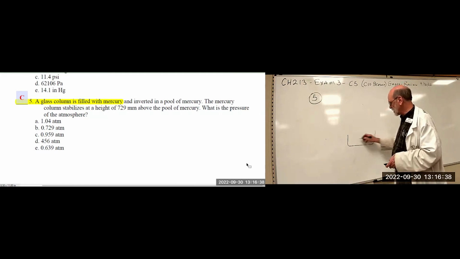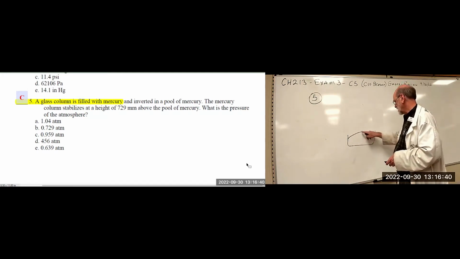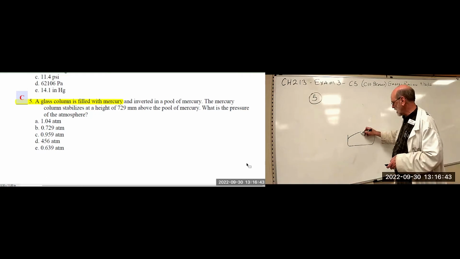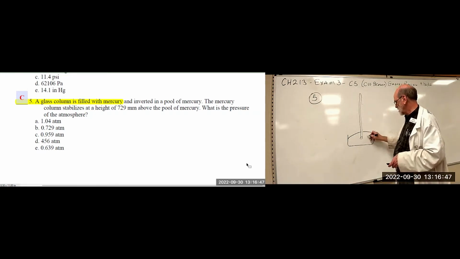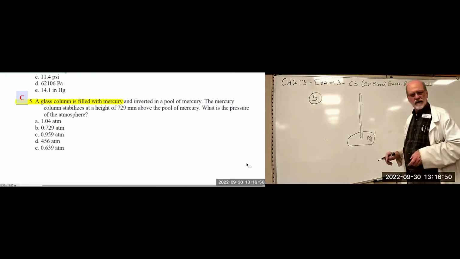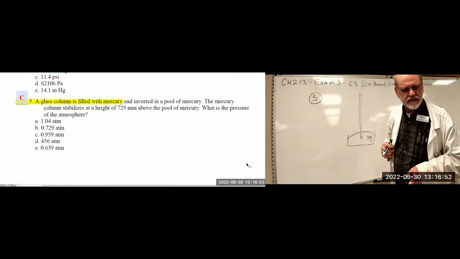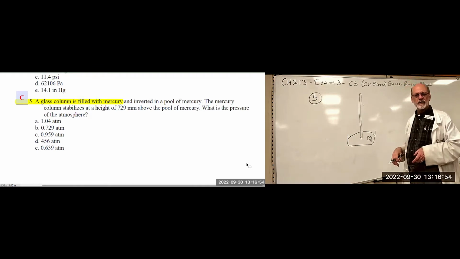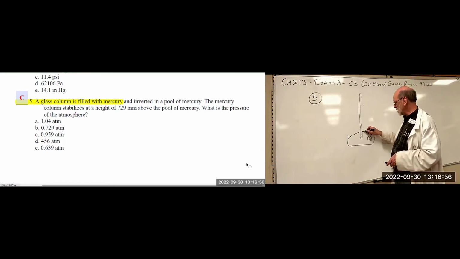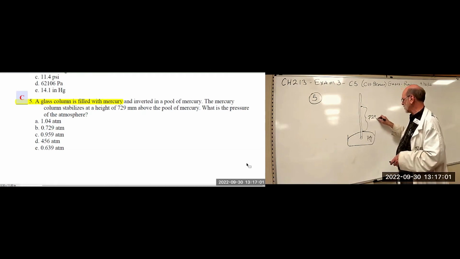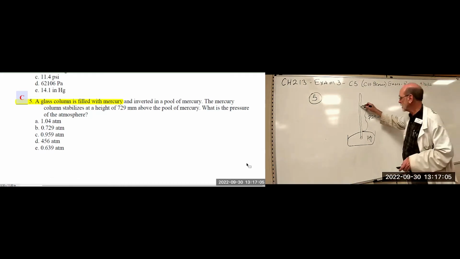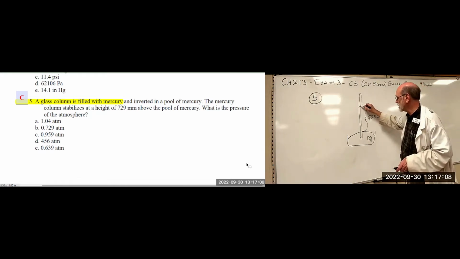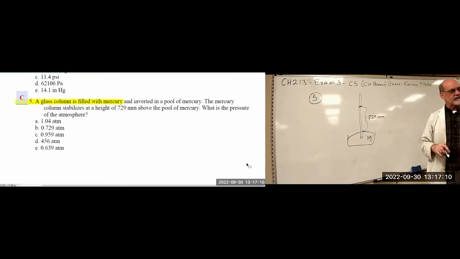So you got a pool of mercury, and then you got this inverted column in it. And then what else does it tell us? Stabilizes at 729 millimeters above the pool. So from here to here is 729 millimeters. There's the top of your meniscus on the mercury.